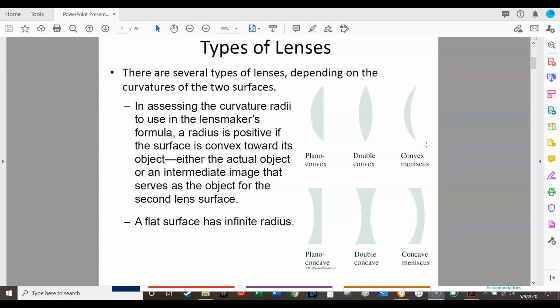So that's convex meniscus. And there are those versions of the diverging lens down here. So converging lens is double convex or convex in nature, and diverging lens is concave or double concave lens. All right.